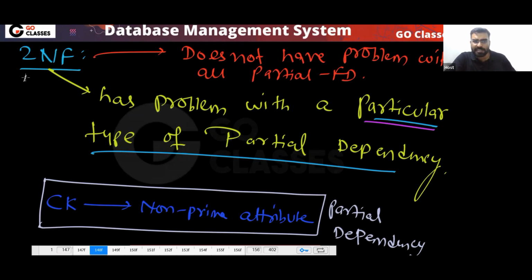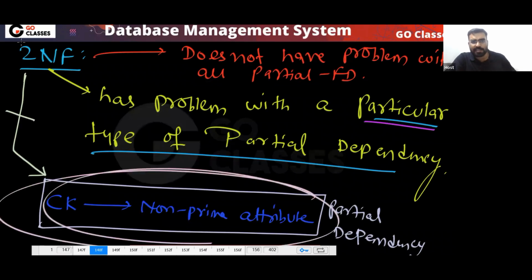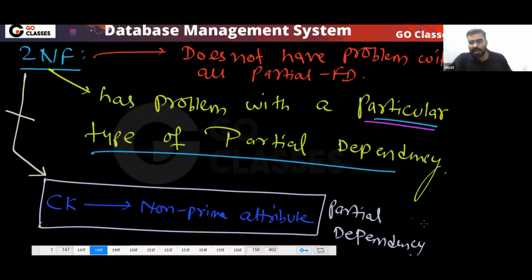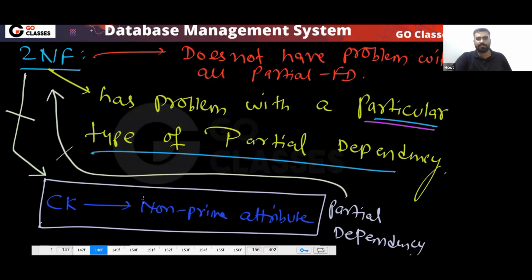So 2NF basically means that this should not happen: a candidate key determining a non-prime attribute should not be a partial dependency. If you have this type of partial dependency, then not in 2NF. Is this clear? Don't worry, it will be clear.